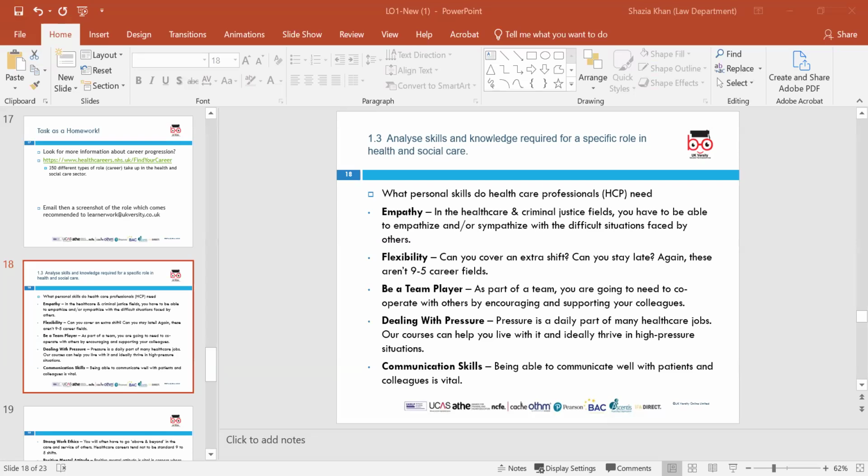Dealing with pressure. Why do you think that's so important? And that happens in the healthcare profession. Dealing with pressure, because most times in the hospital or whatever, there are emergencies that come in that we're not planned for. Yeah.